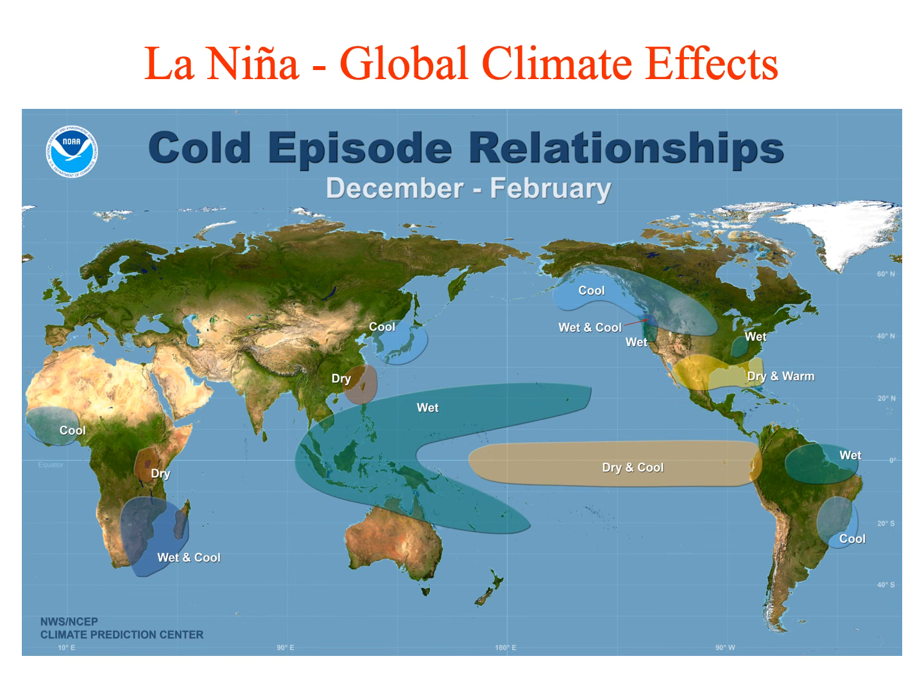So here's another diagram showing the effects. You can see cool temperatures from Alaska down into Oregon and extending into North America. Warm and dry in southeastern United States, northern Mexico. Cool and dry along the equator in the Pacific.